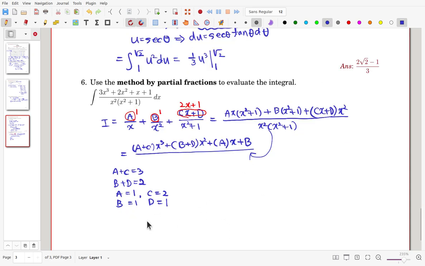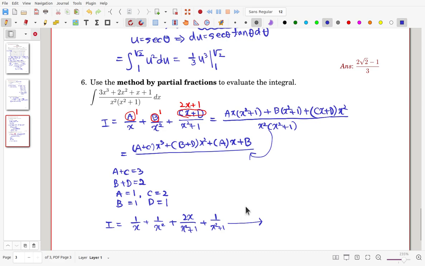From this, if we rewrite the integrand in this way, then we can see the antiderivative more easily. That is 1 over x. The second one is 1 over x squared. And for the third one, let's separate into two terms: 2x over x squared plus 1, and for the last one, 1 over x squared plus 1.